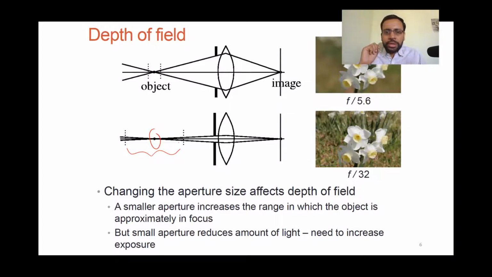This you could observe here. For example, the first one here has a large aperture, versus this is the case where you have a small aperture. Here the image plane is here, the lens is here, and here the image plane is here.